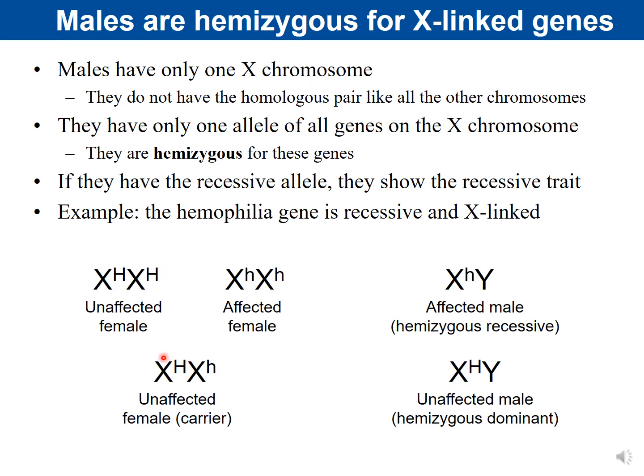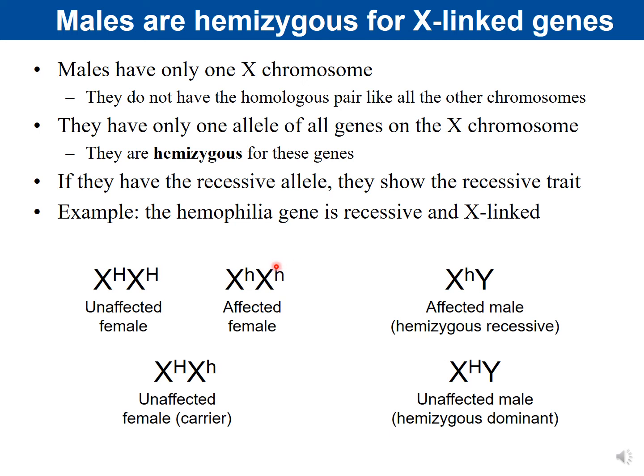Her mom could be a carrier, right? Her mom could be X big H, X little h, and by chance could give her daughter the X little h. So this affected female, her mom does not necessarily have hemophilia. Her mom has to at least carry it because that's where she got one of her X's from, but her mom might not have the disease.